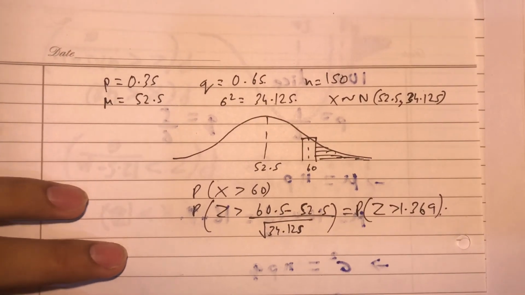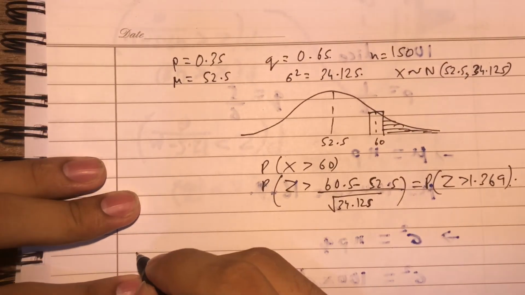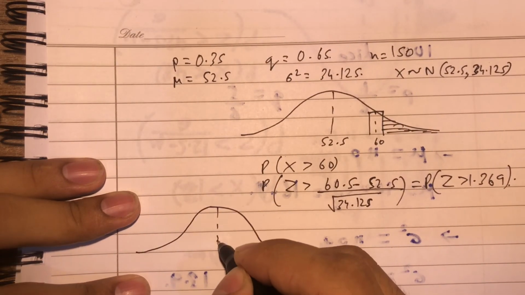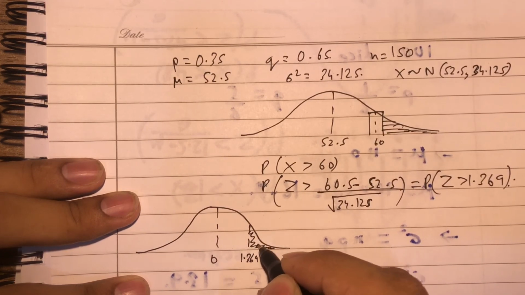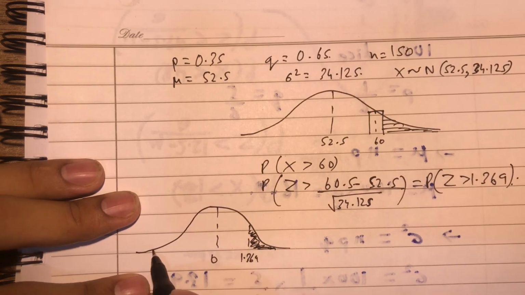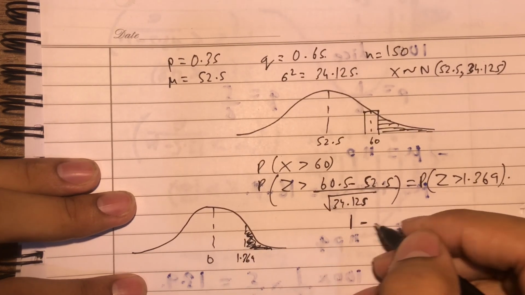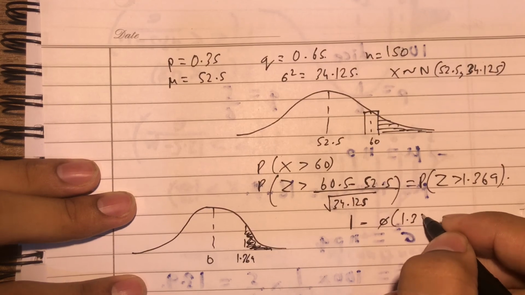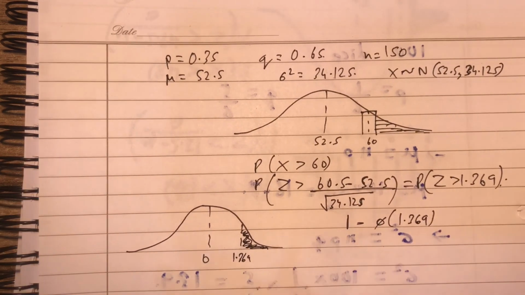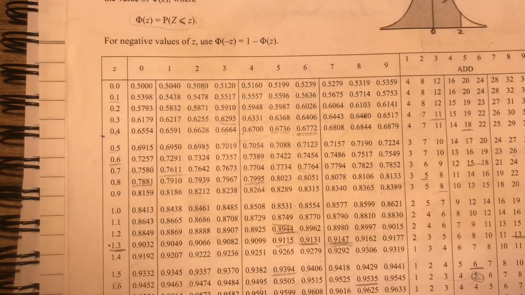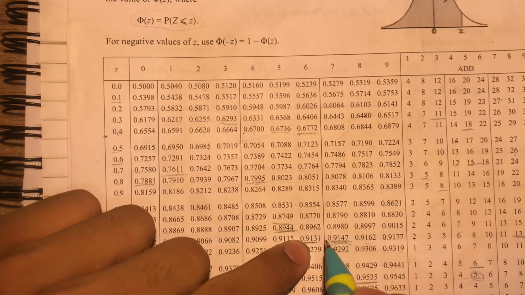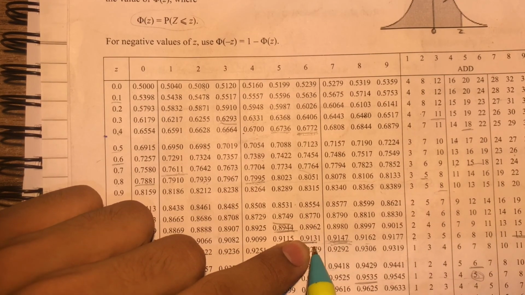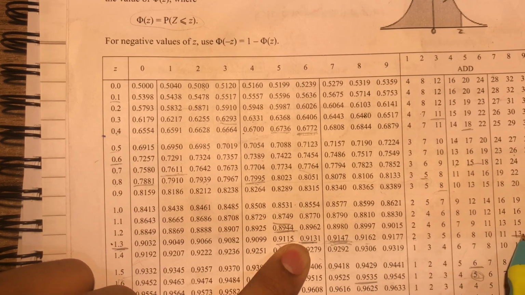1.369, right? So if I draw a standard normal curve, this is 0, this is 1.369, I have to find this region, right? So what I can do is find this region behind it and subtract that from 1. So I'll have 1 minus phi of 1.369. Phi of 1.369 we'll get from the table. So there is 1.3, 1.36, and then plus 9. 9 is 14.